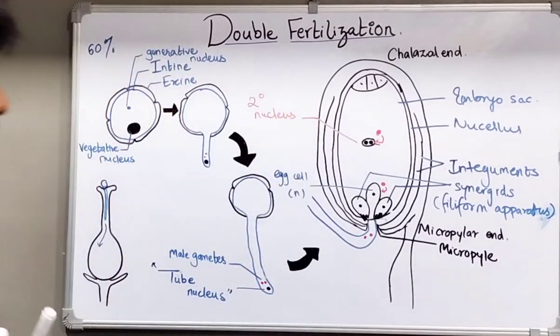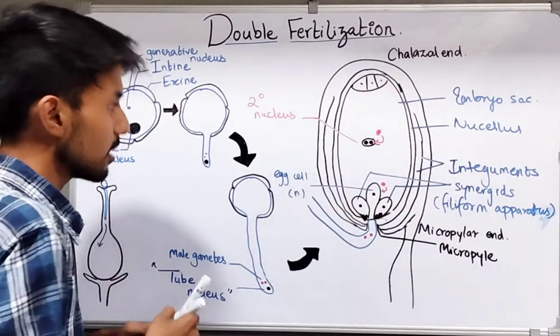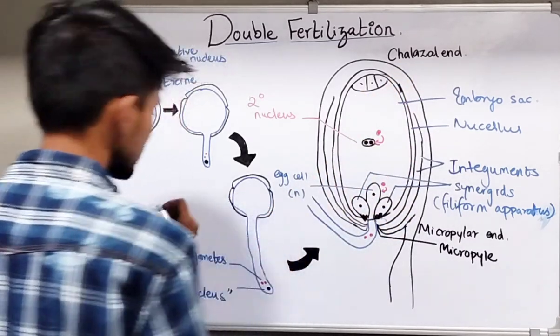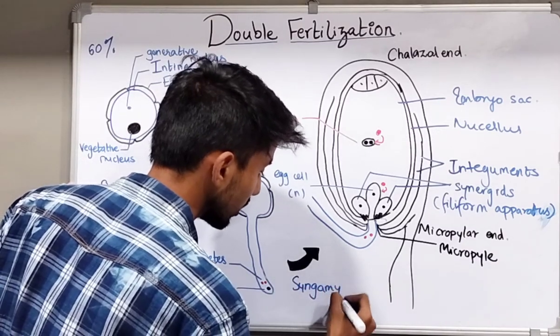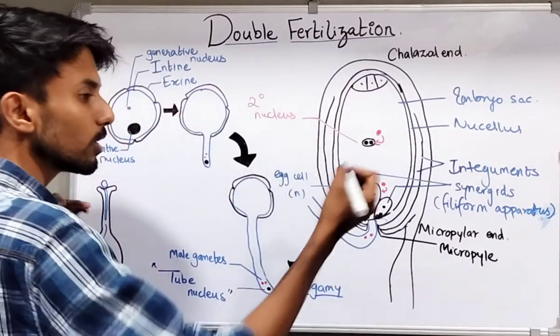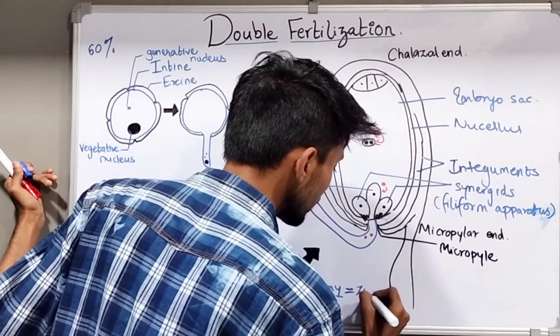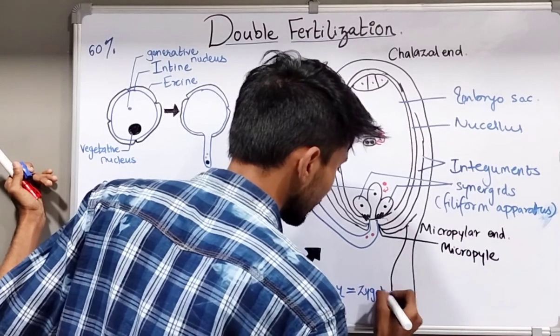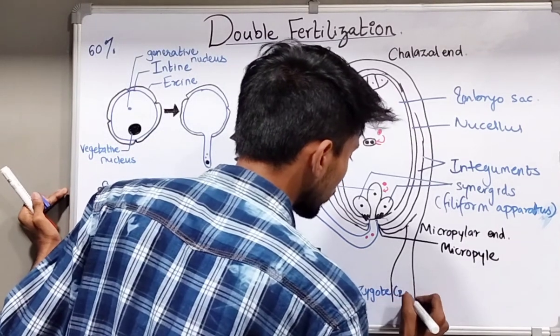When one of the male gametes fuses with the egg cell, the process is called syngamy, because here two nuclei are getting fused, syn means together, gamy means fusion. Syngamy results in the formation of the zygote, that is diploid, 2n.